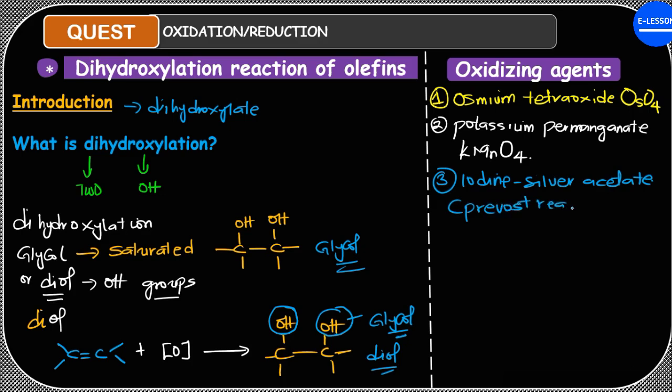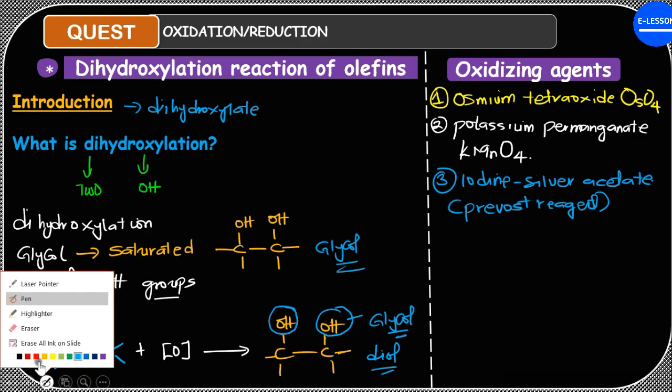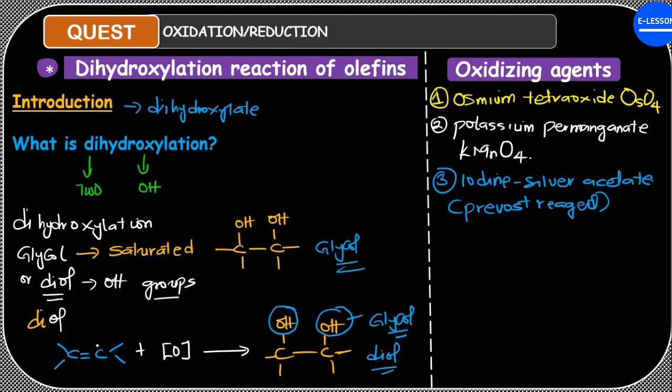So if you hear of the word Prevost reagent, or if you hear someone say, get me a Prevost reagent, what they expect you to bring is iodine silver acetate, which is an oxidizing agent that is used for dihydroxylation of olefins.